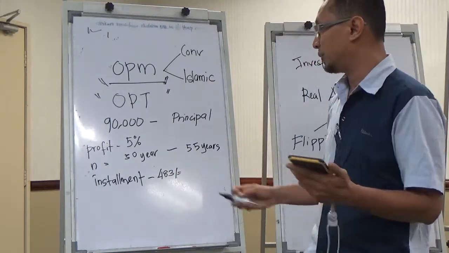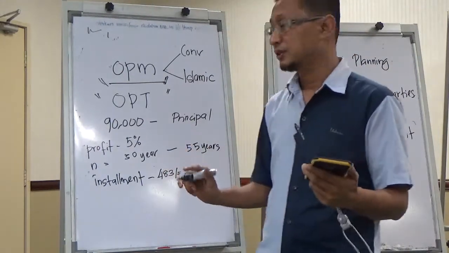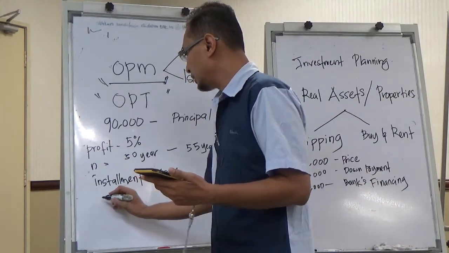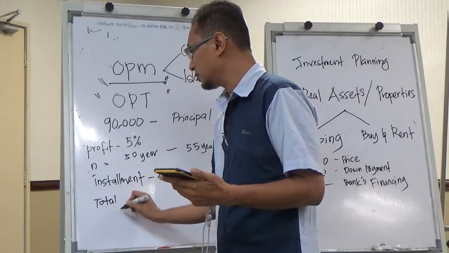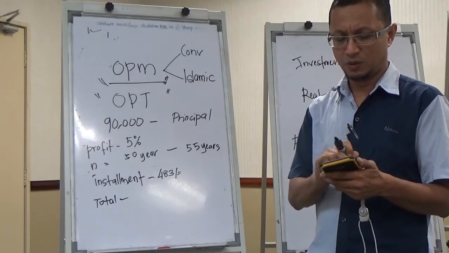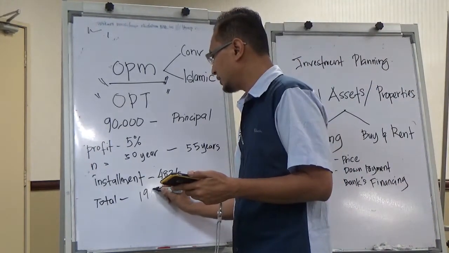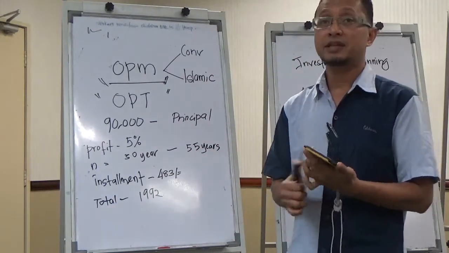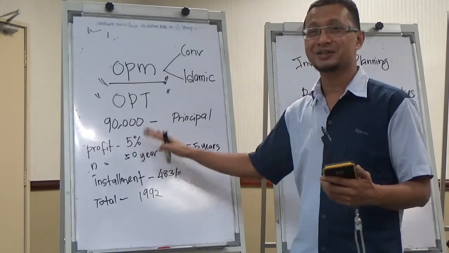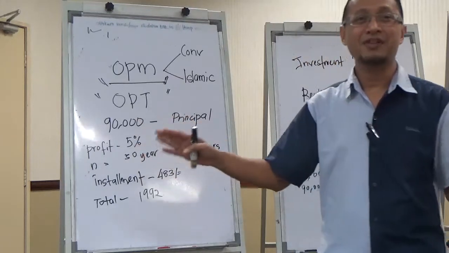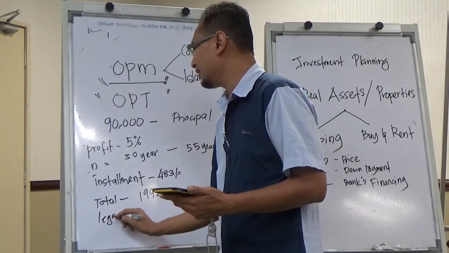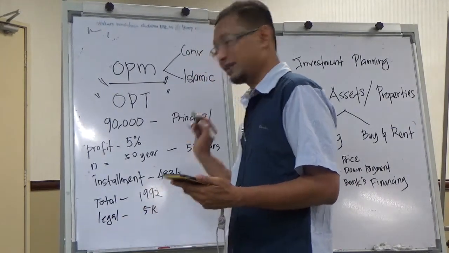So altogether you have to pay 483 times 12 times 2, which is 483 times 24. Now I'm excluding the legal fees, but normally legal fees are about 5%, so we can include about 5,000.